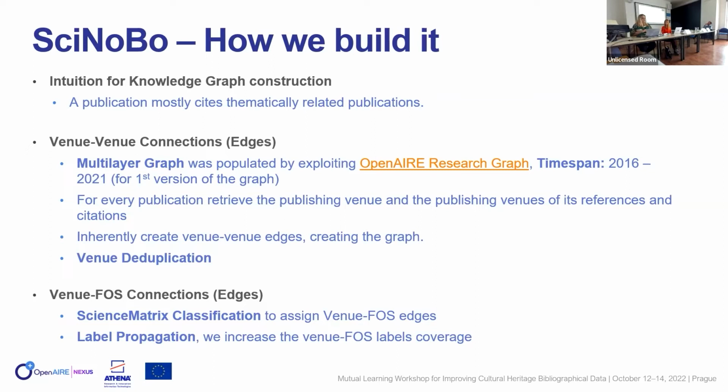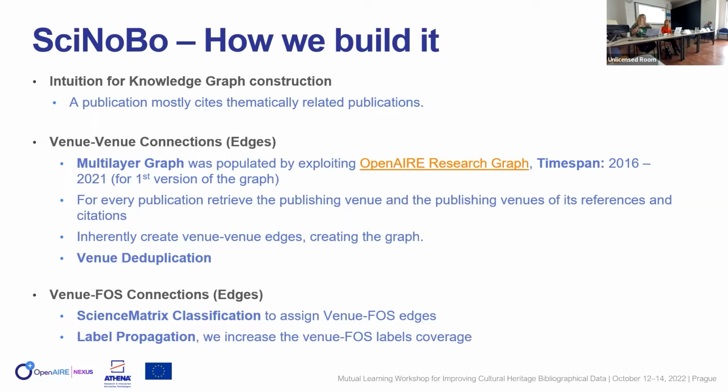It is a multi-layer graph that is populated by exploring the OpenAIRE research graph, the publication metadata. The first version of the graph started with a time span from 2016 to 2021. So for every publication, we retrieved the publishing venue, so where it was published, and the publishing venues of its references and citations, and then created edge connections between each.